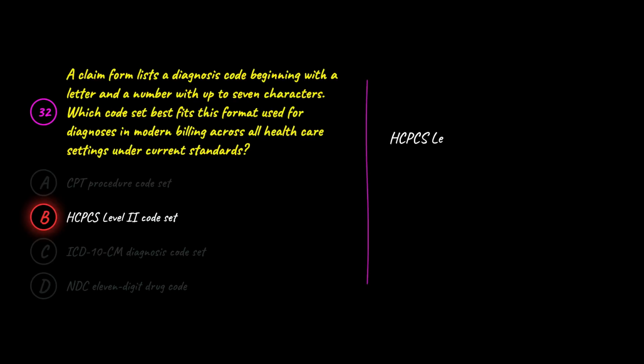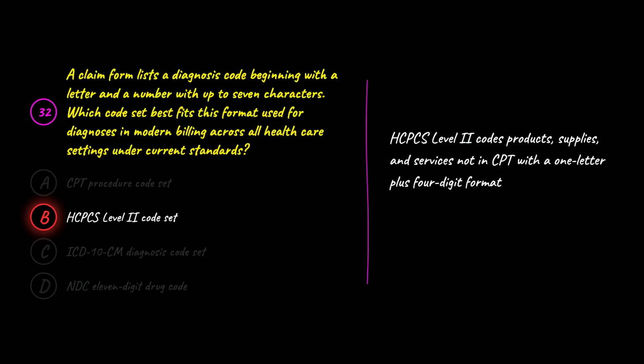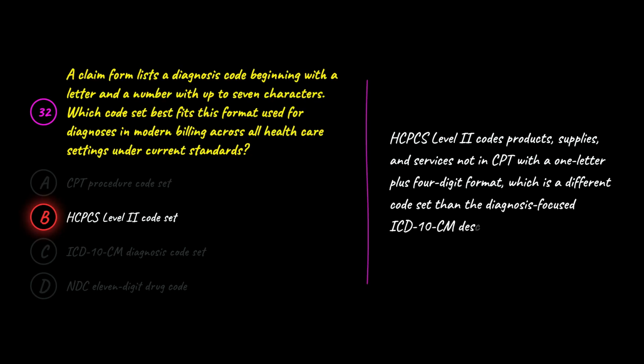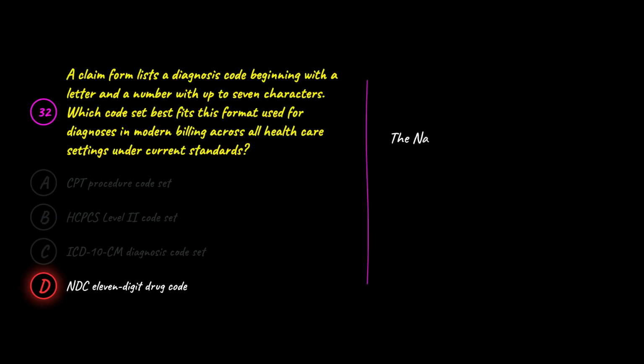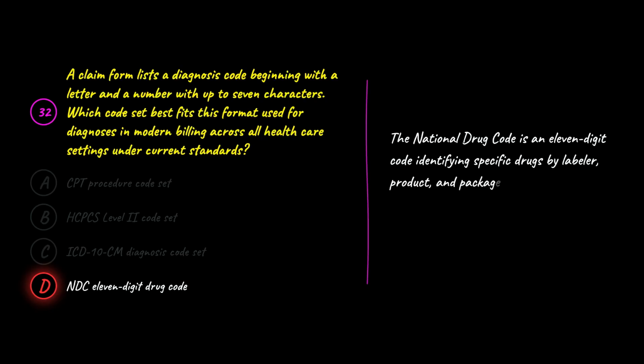B is wrong because HCPCS Level 2 codes products, supplies, and services not in CPT with a 1-letter plus 4-digit format, which is a different code set than the diagnosis-focused ICD-10 CM described. D is wrong because the National Drug Code is an 11-digit code identifying specific drugs by labeler, product, and package size, a different code set than the ICD-10 CM diagnoses described.